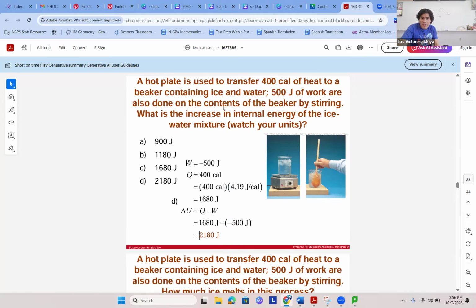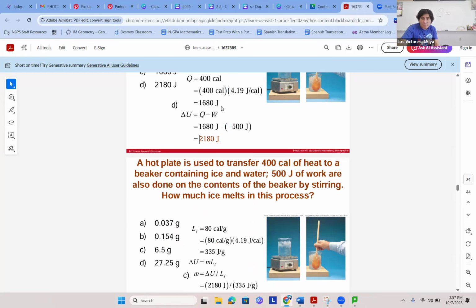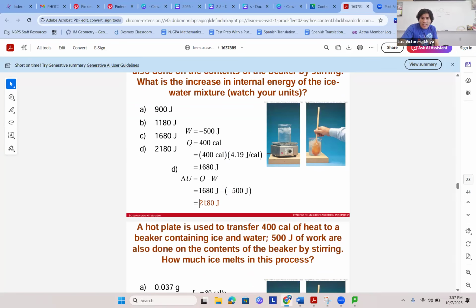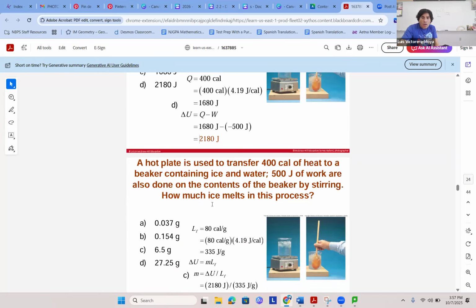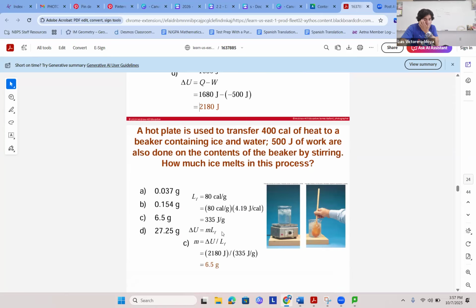Now, that's the energy given to the ice. You can also find how much of that ice was melted. How much ice melts? So that energy is equal to the mass of ice melted times the latent heat of fusion. Now, the latent heat of fusion is 80 calories, so you have to change this to calories. So you divide this by 335 joules per gram, and that gives you the amount of grams.